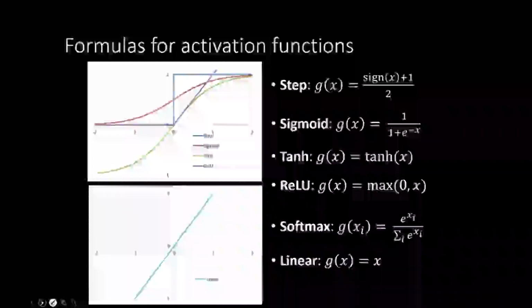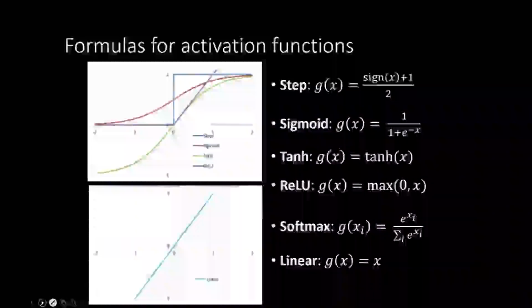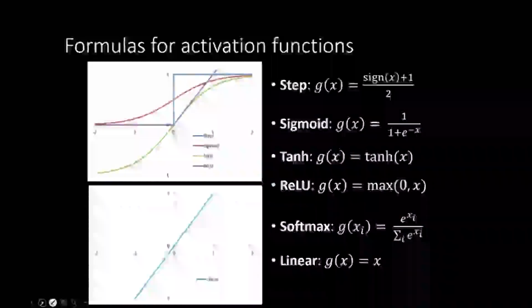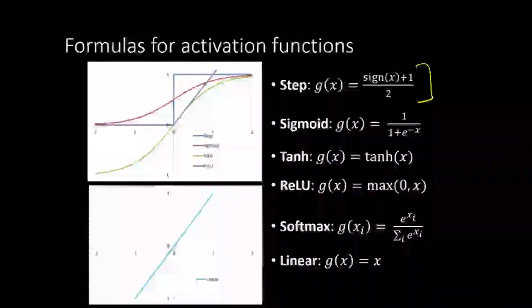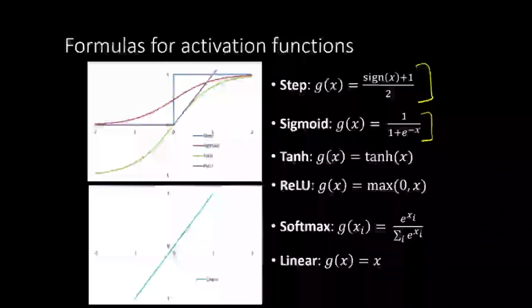So these are the equations for all of these. The step function is just a theoretical construct. We don't use it. It's (sign of x plus 1) by 2. And then you have sigmoid, which is the logistic regression type of function. Then we have tanh, which basically acts as sigmoid stretched 2 times and then shifted down by 1.